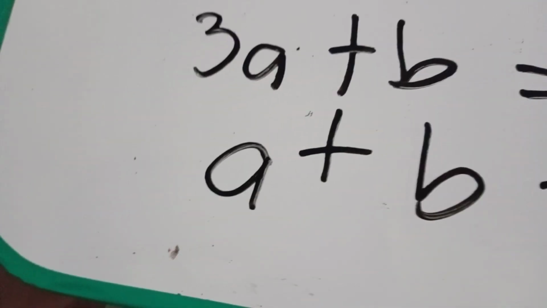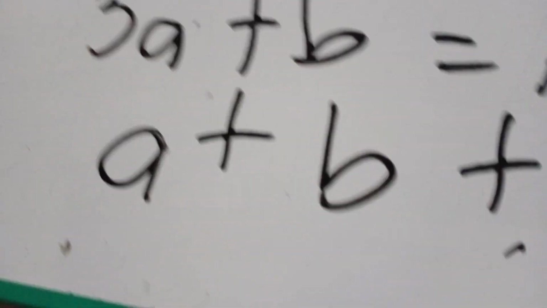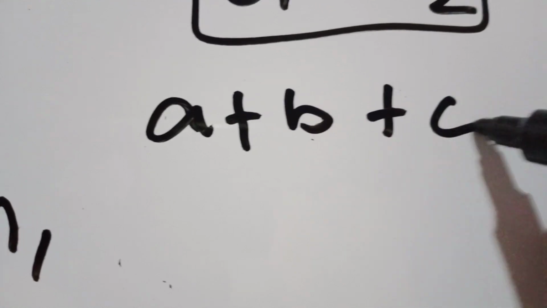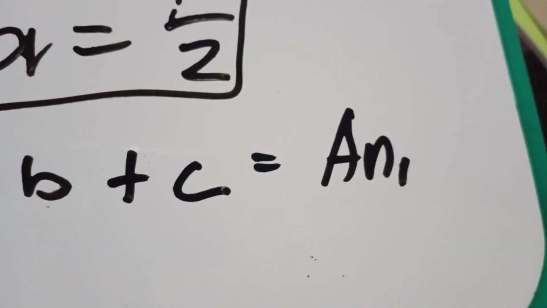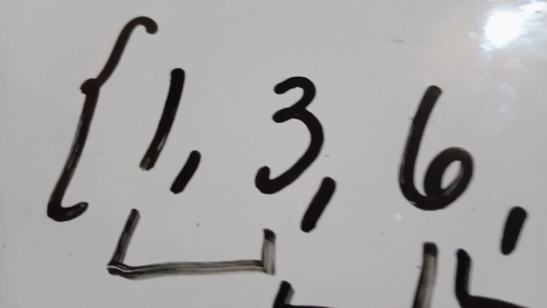For c, we use the third equation: a plus b plus c is equal to a sub 1, the first element.